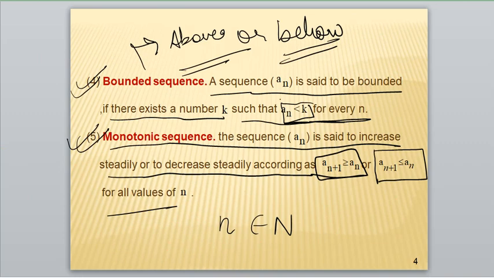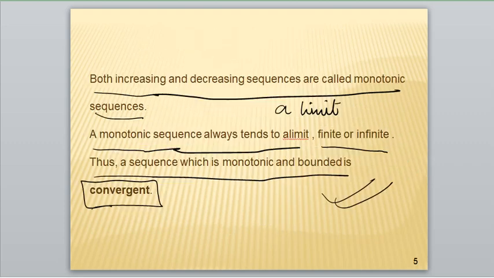Now the monotonic sequence: a sequence that steadily increases or steadily decreases is called a monotonic sequence for all values of n, and of course n belongs to natural numbers. It's written over here clearly, both increasing and decreasing sequences are called monotonic sequences.